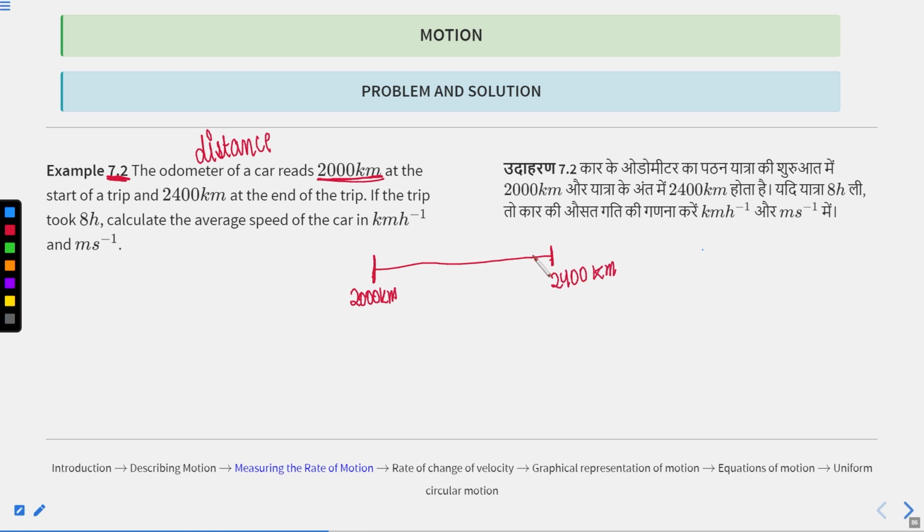So how much distance have we traveled? You have to first find that, and then it asks that if the trip took 8 hours, we have to calculate average speed.